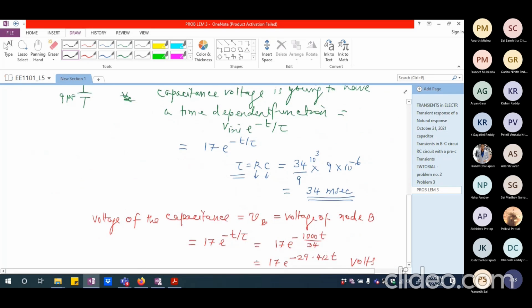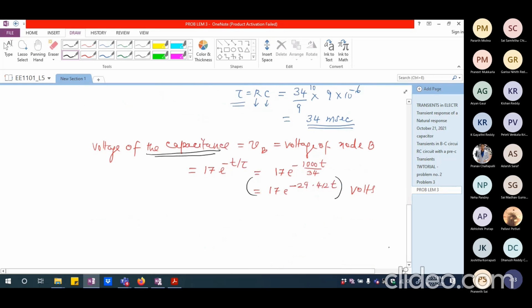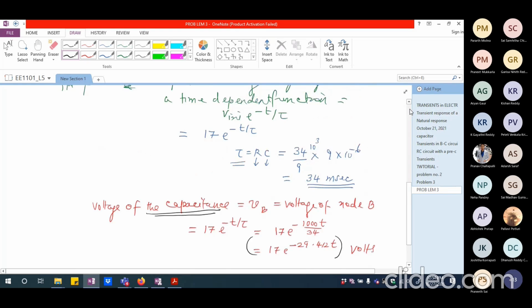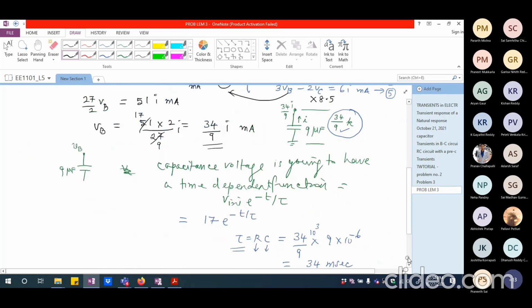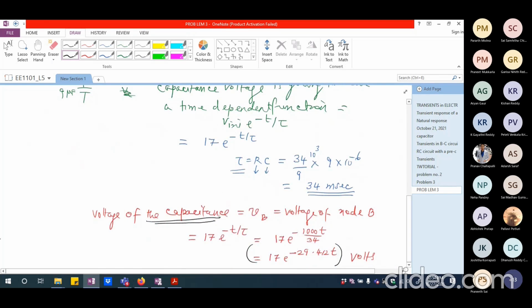So this happens to be my capacitance voltage transient, what the capacitance will experience. So this is 17 multiplied by e power minus 29.412 T. Now, if I want to know what is now VA and what is VC, I can use these equations, because I have said minus 12 VB plus 17 VC equal to 0.